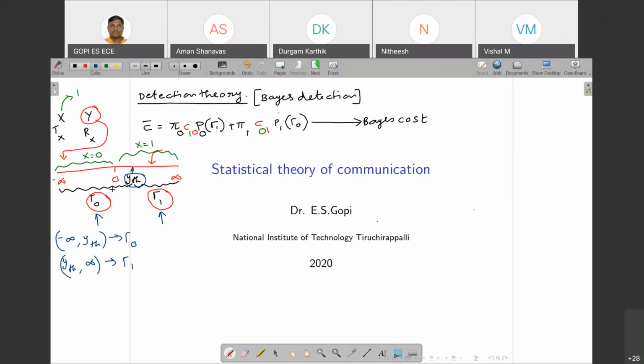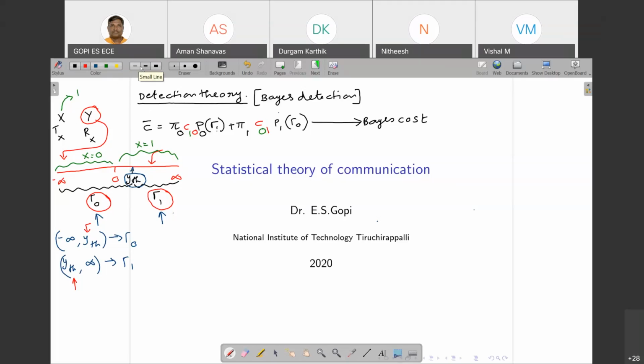It is not necessary that you will always end up with only one threshold for this partition. You can have more than one threshold also, but whatever is needed, you have to divide the complete observation into gamma naught and gamma 1. So in some way we need to find this gamma naught and gamma 1.